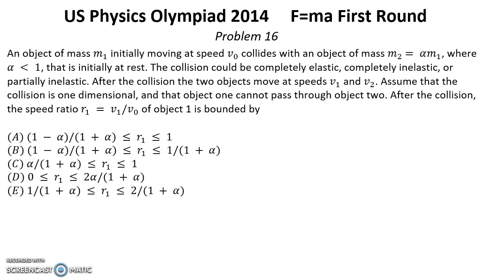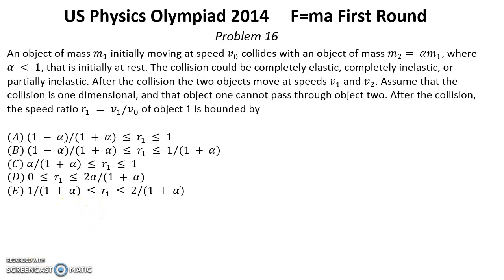After the collision, the two objects move at speeds v1 and v2. Assume that the collision is one-dimensional and that object 1 cannot pass through object 2. After the collision, the speed ratio r1 equal v1 over v0 of object 1 is bounded by the next inequalities.